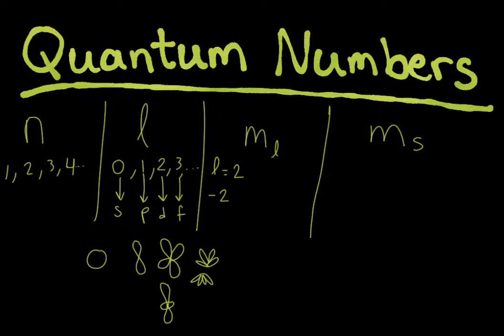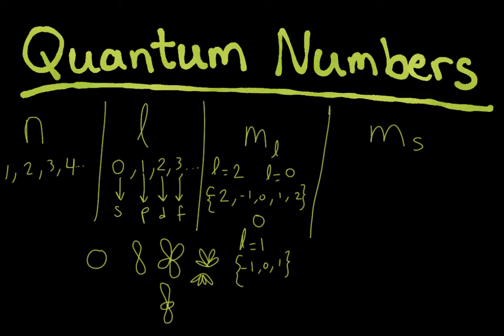In between would be negative 1, 0, and 1. It's like a set. If L is equal to 0, that means M sub L is only 0. If L is equal to 1, then M sub L is negative 1, 0, and 1. That set.